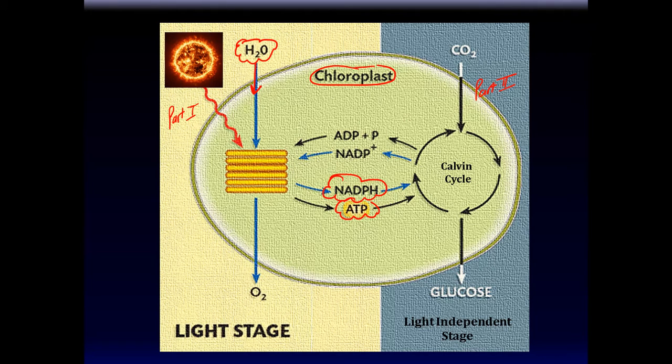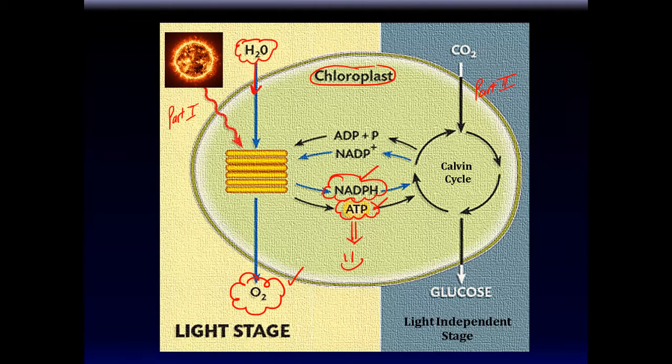So in the chloroplast, in the first part of photosynthesis, light energy is converted into NADPH and ATP with water. And the byproduct of this first part is oxygen. So there are three things that are produced: oxygen, ATP, and NADPH. Now, if the plant wants to use this, it can use it to do whatever cellular processes it wants.